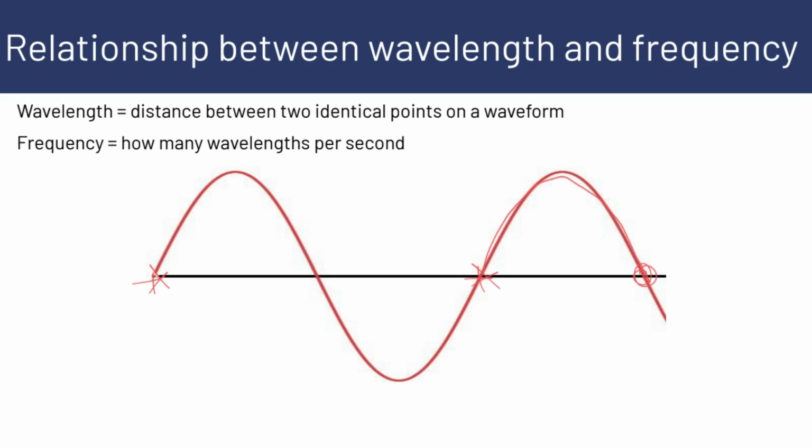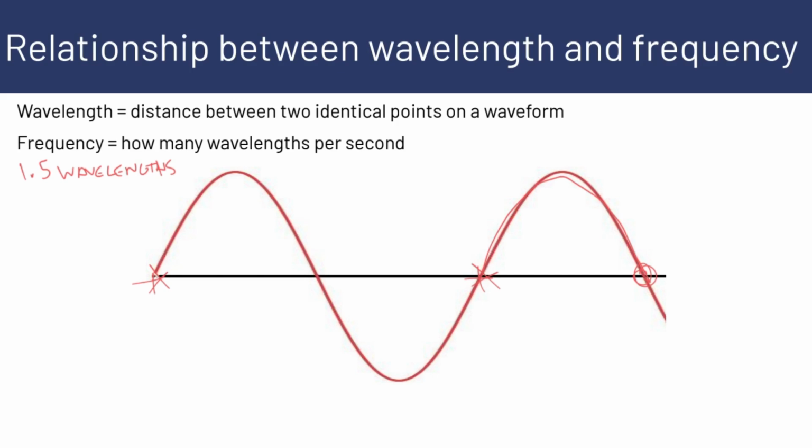So we have 1.5 wavelengths. This takes as long to go past this window as the previous image took to go through its window.